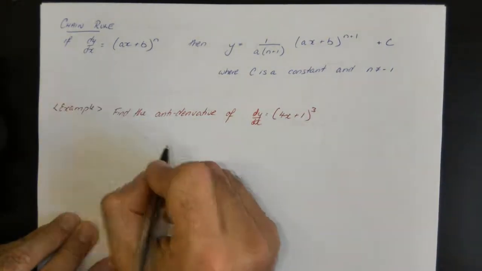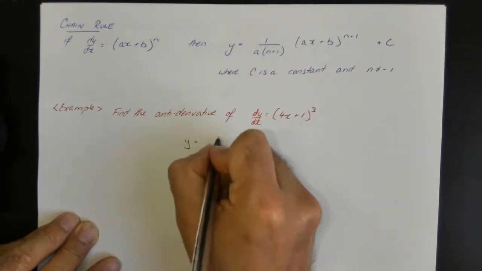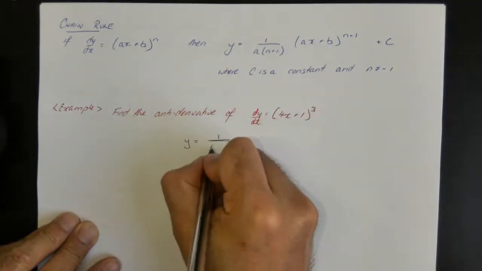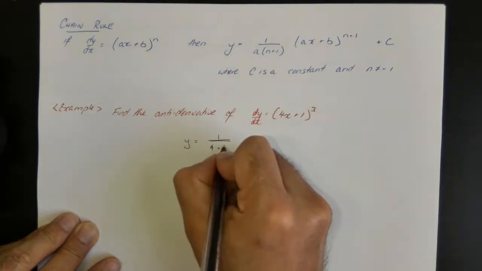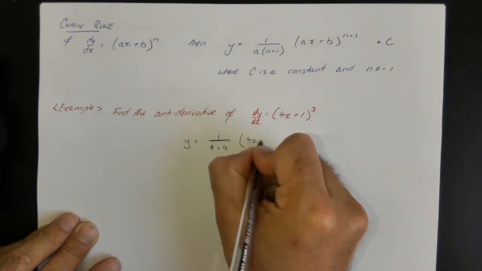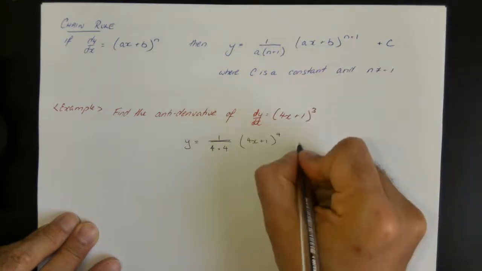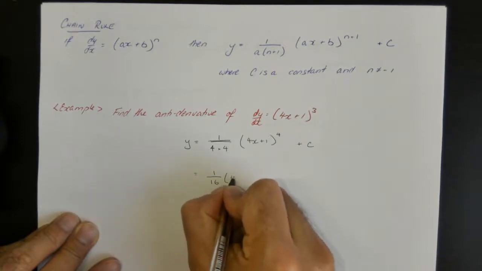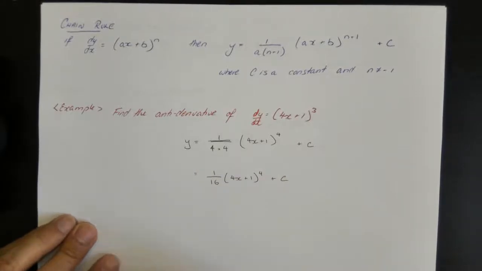So y equals 1 over, the a is 4, the n plus 1, so 3 plus 1 is 4, of your ax plus b, and then that becomes to the power of 4. So we get 1 over 16 times (4x plus 1) to the power of 4 plus c, using that formula.